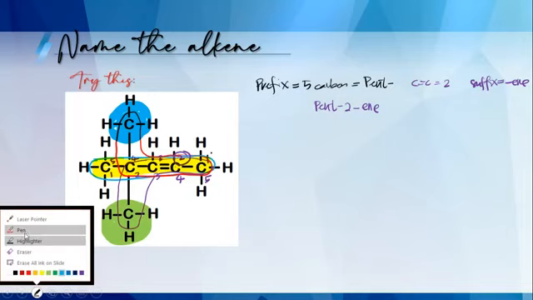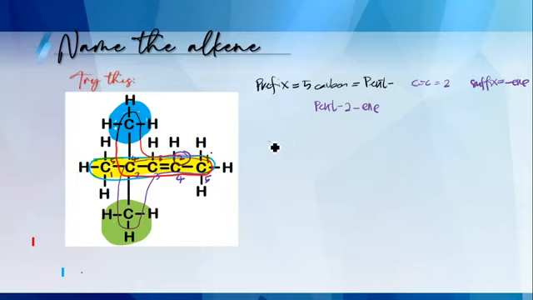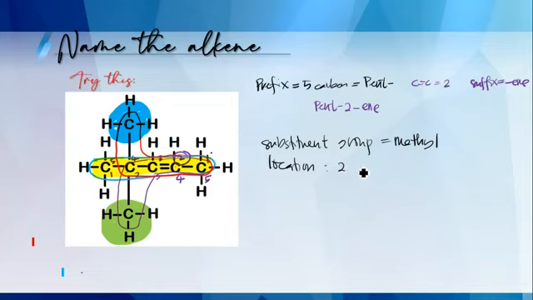Substituent group equals methyl, location 2 and 3. So the substituent group becomes dimethyl because we have 2 methyl.